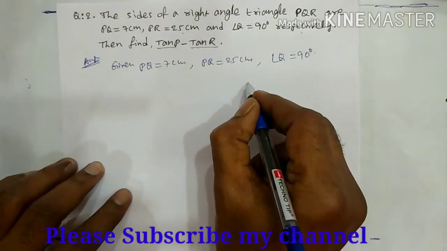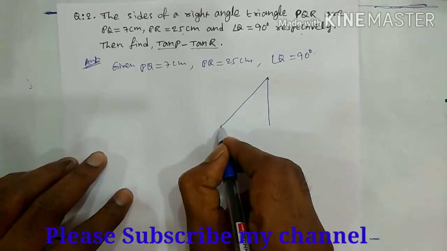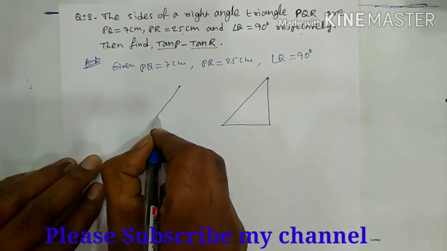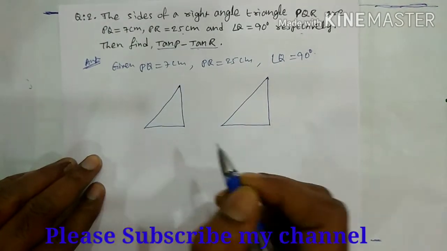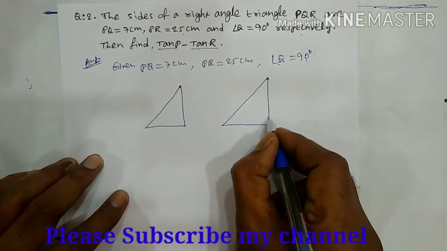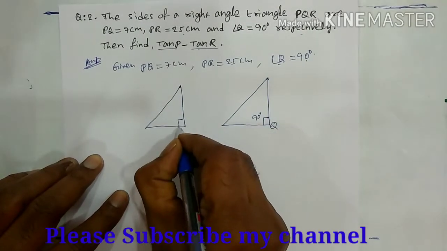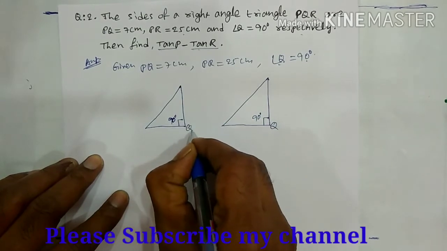So now you draw the triangle. Two triangles draw here. Angle Q is 90 degrees is given, so let this be the 90 degrees, that is Q point.